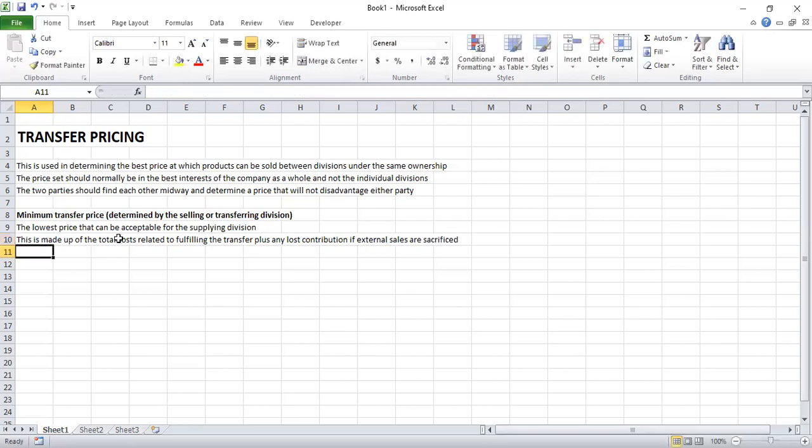Right. What do I mean here? External sales are sales to parties outside the group.